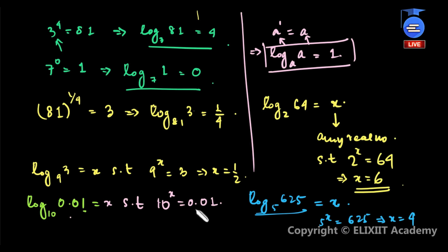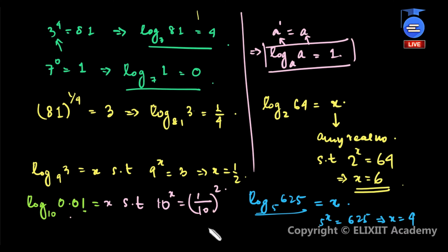Now 0.01 means what? 0.01 is 1 upon 100. Now 1 upon 100 can be written as 1 upon 10 square.